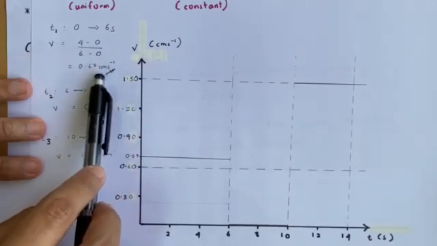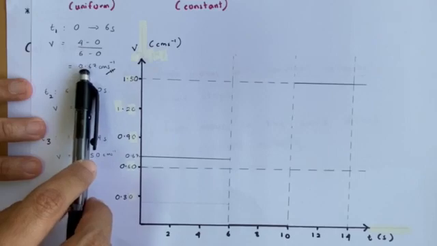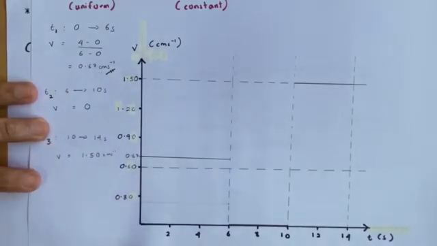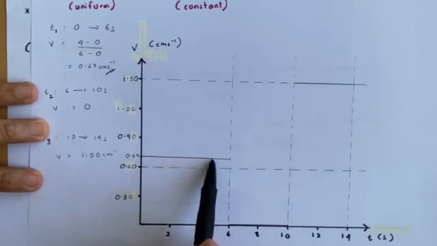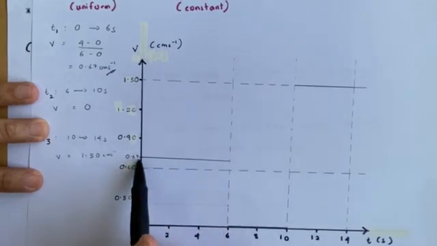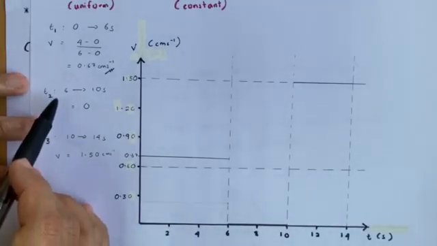From here I managed to get the first velocity of 0.67 centimeter per second. So that's why I've drawn the first line of the graph, for 0.67, from 0 to 6 seconds of time.